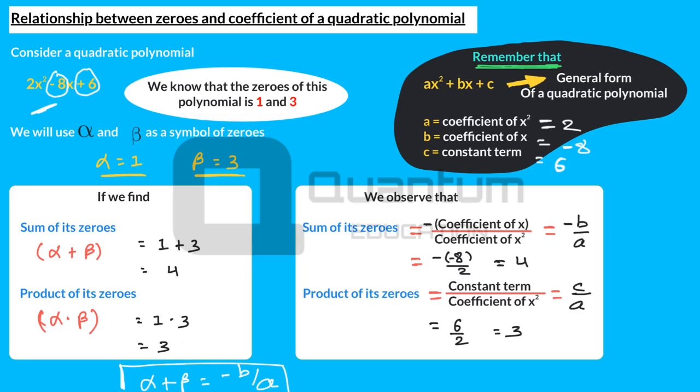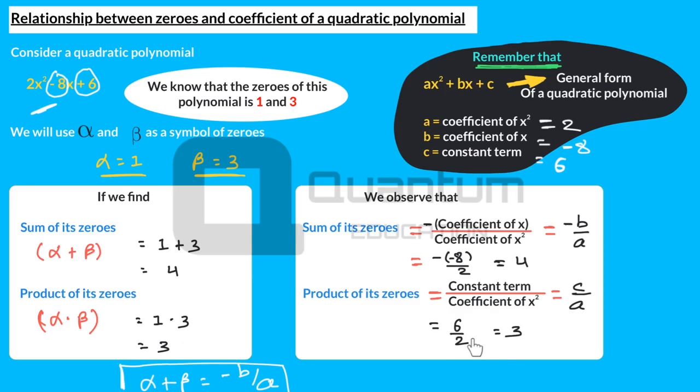Now another one, the product of zeros, alpha into beta, is equal to 3. The product of zeros can be found with another formula, that is the constant term upon the coefficient of x square. The constant term is c and the coefficient of x square is a. So the value of c is 6, upon the coefficient of x square, that is a, and a equals 2.